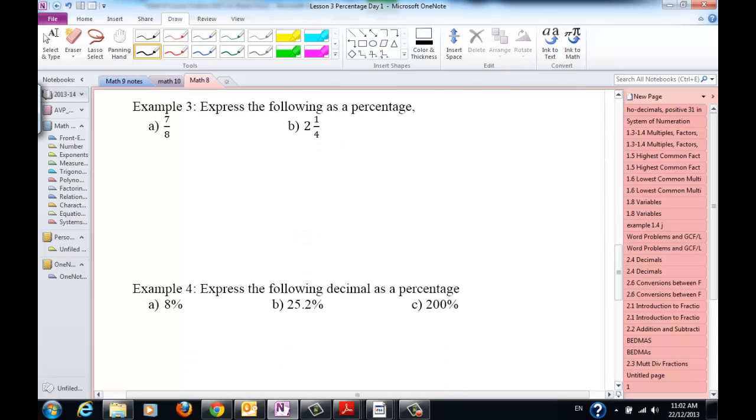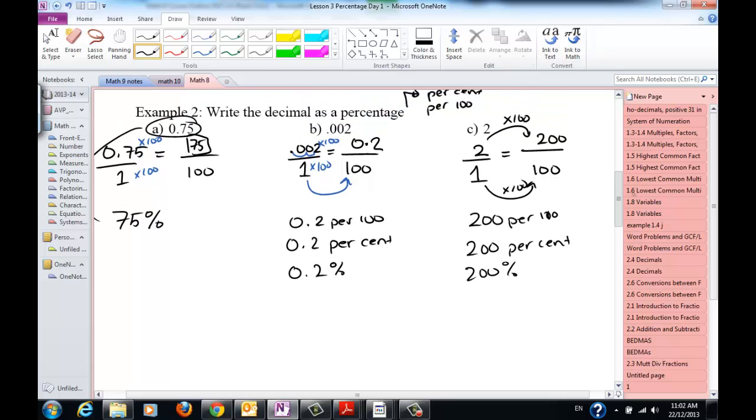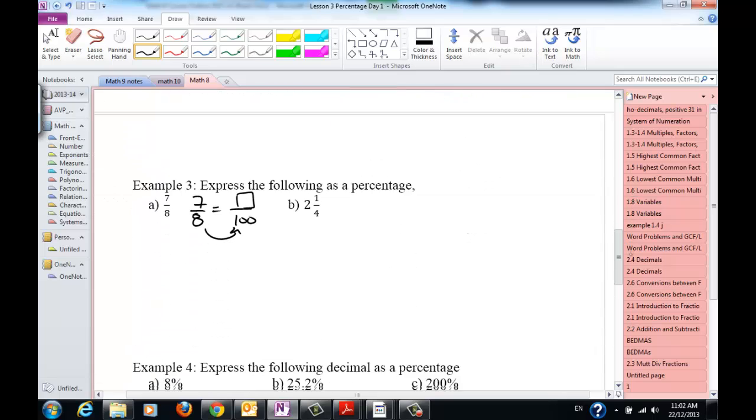Now what about if we have fractions? Express the following as a percent. Well, going from 7 over 8 to something over 100, it's pretty difficult to see what that fraction is going to be. So why don't we use what we just did with decimals? We know how to find decimals. We do long division.